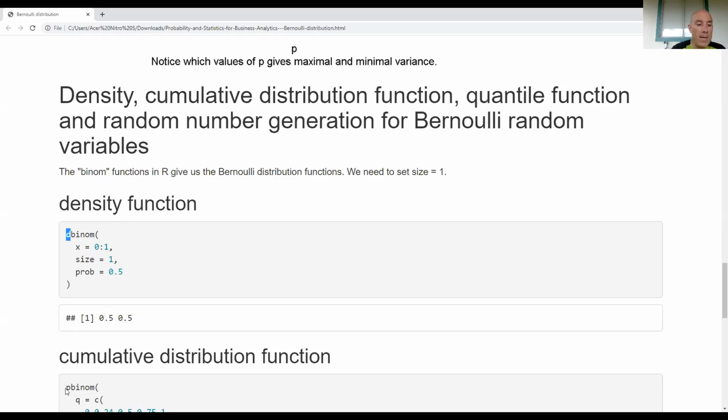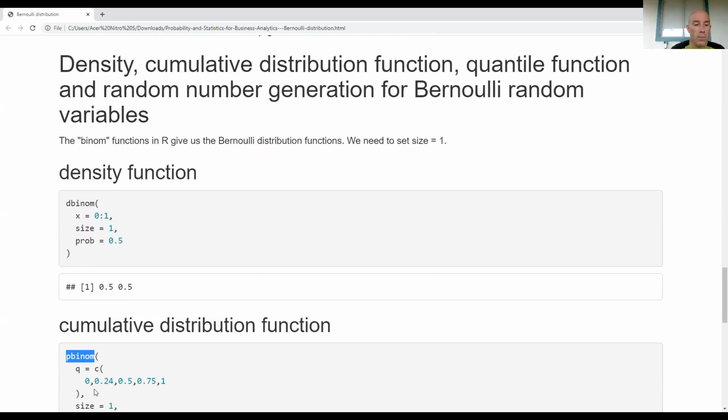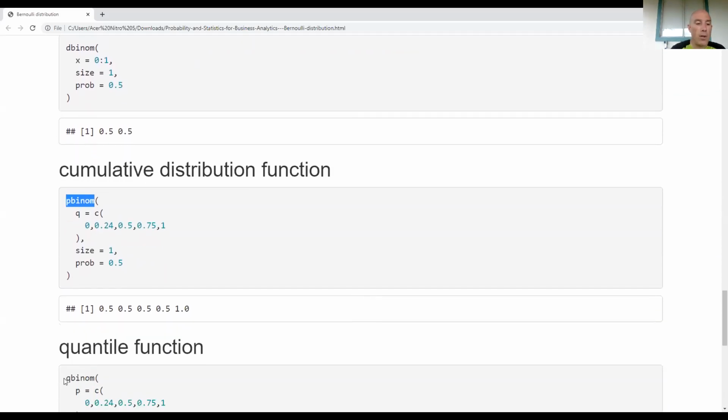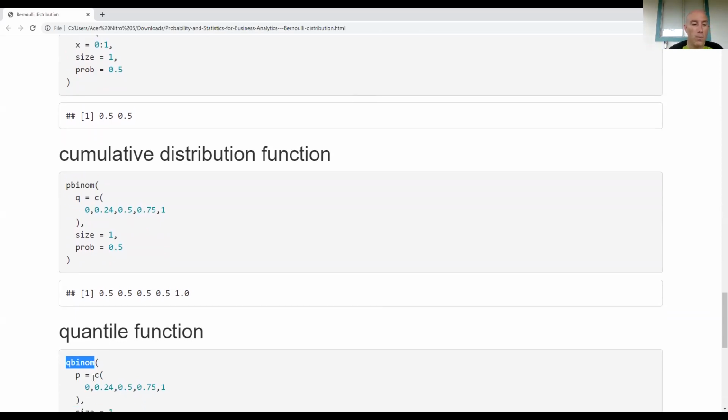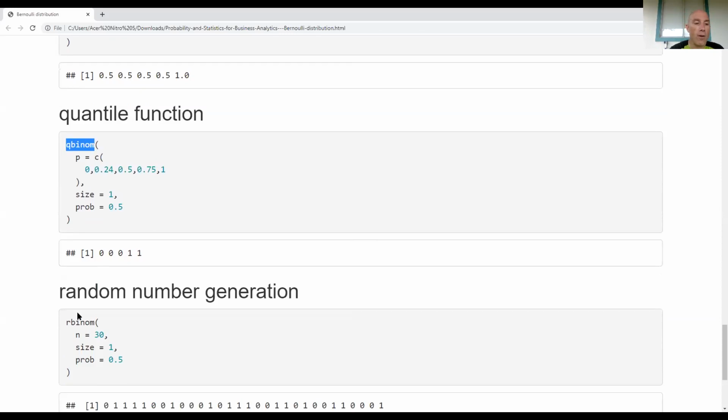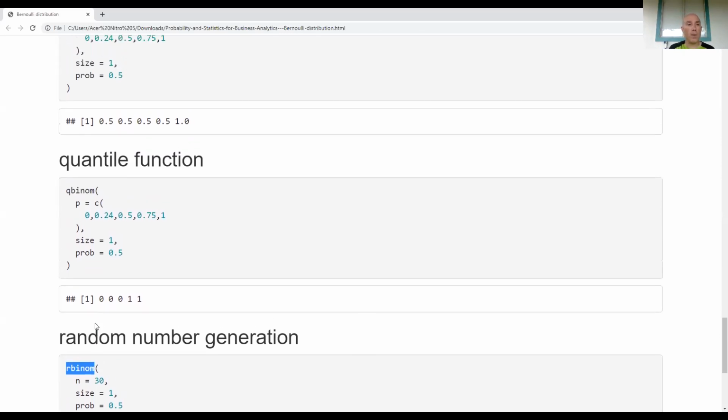If I put P for probability in front of binom, I'm saying I want the cumulative distribution function for the binomial distribution. If I put Q in front of binom, I want the quantile function for the binomial distribution. And I put R in front of binom, I want a random number generation for the binomial distribution.